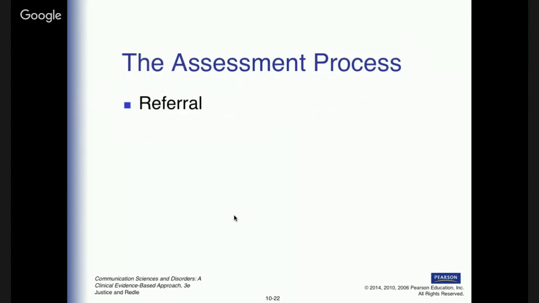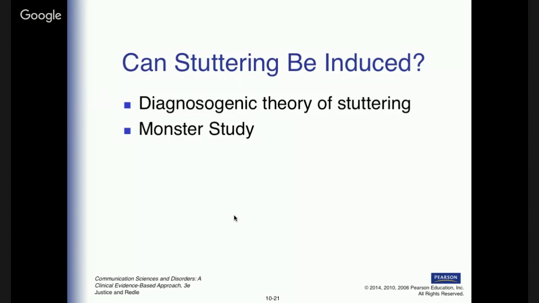What ended up happening is, because that study didn't support the view of the diagnosogenic theory, the study was kind of hidden away and nobody knew about it until the 1990s. There was a big article about it, and people sued the University of Iowa because they had all these years of not talking.